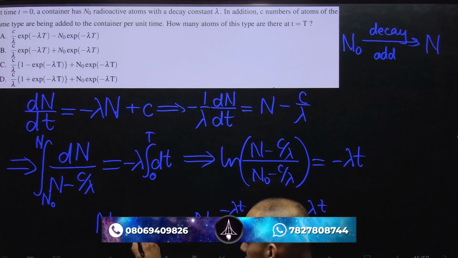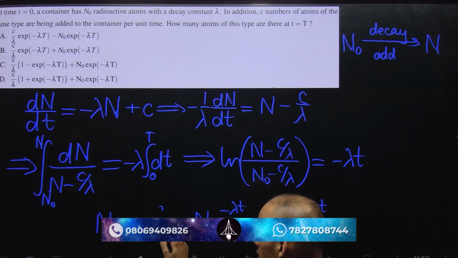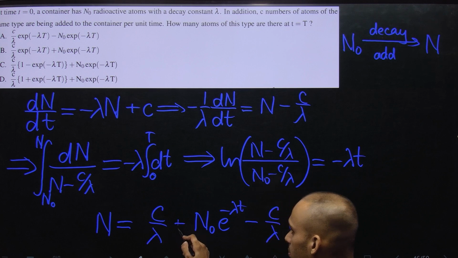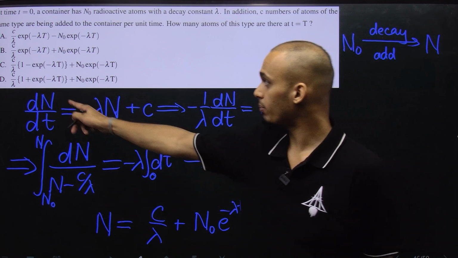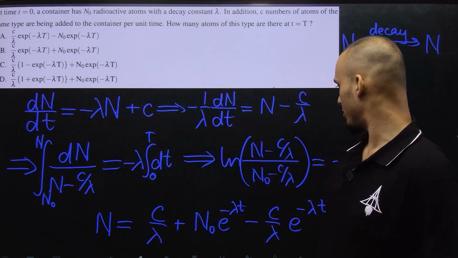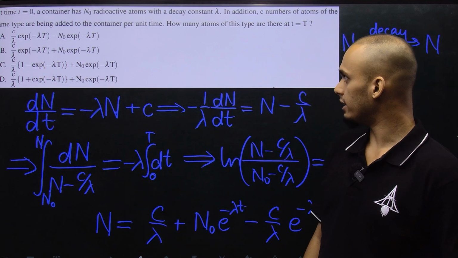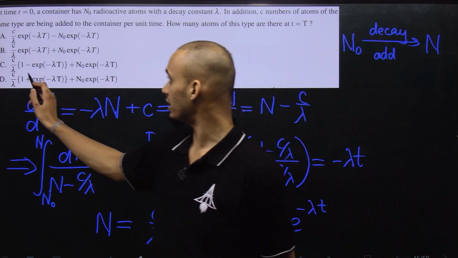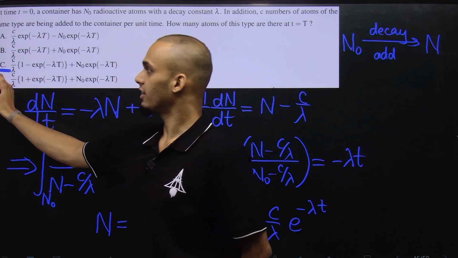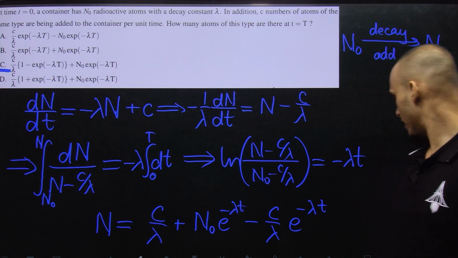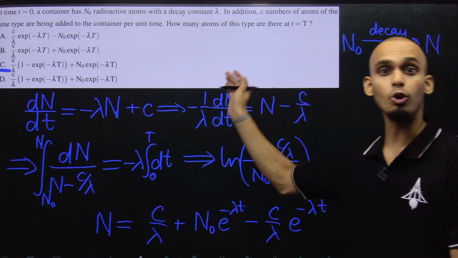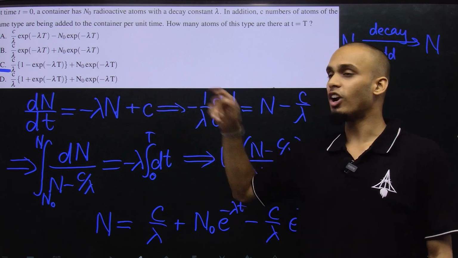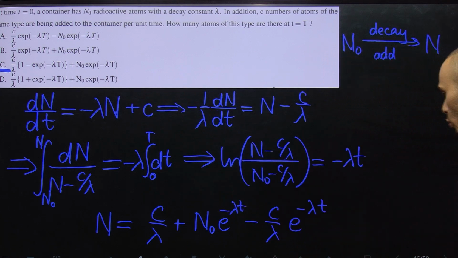So we get N equal to C by lambda plus everything. So C by lambda you can take common, 1 minus e power minus lambda t from here we will get, and plus N naught e power minus lambda t. Option C will be matching in this case. Very, very easy. Just remember the law of radioactivity. Literally every problem can be solved simply by this one rule.